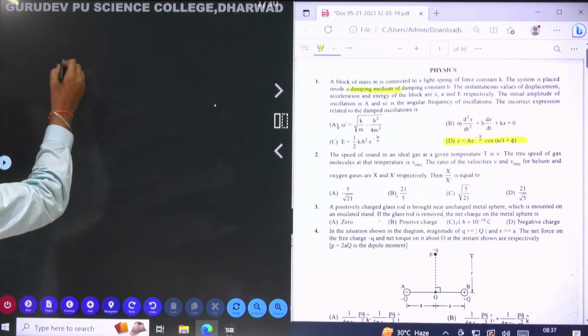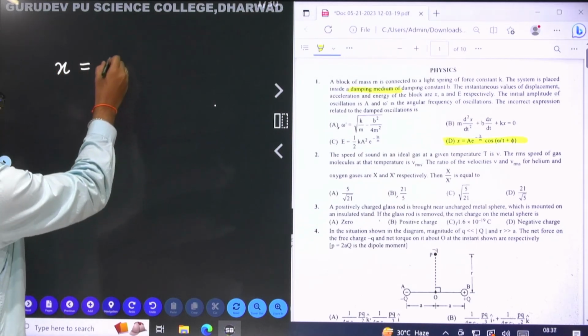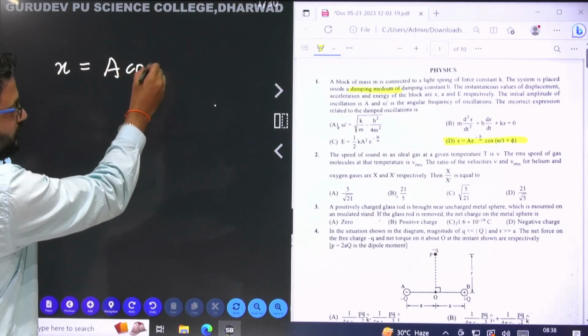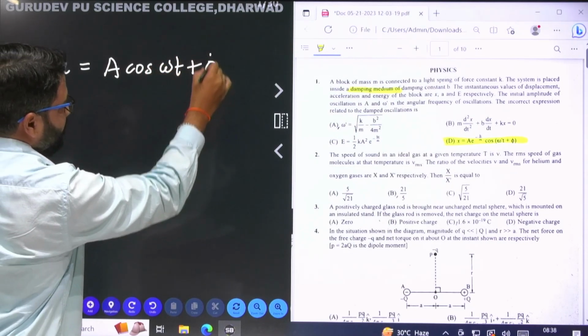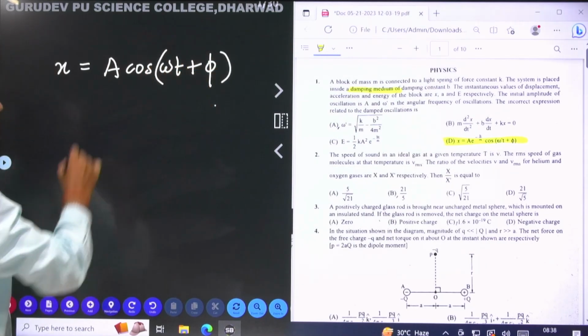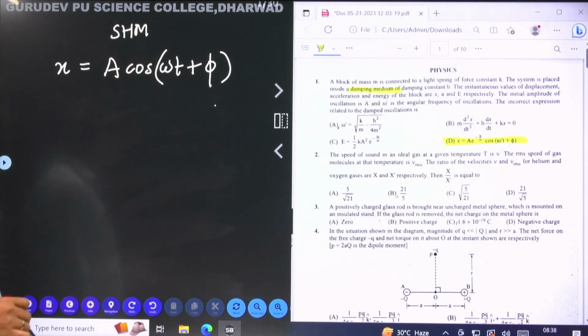Any displacement equation should have omega t plus phi. This is valid for SHM, that is simple harmonic motion, in which it is undamped.